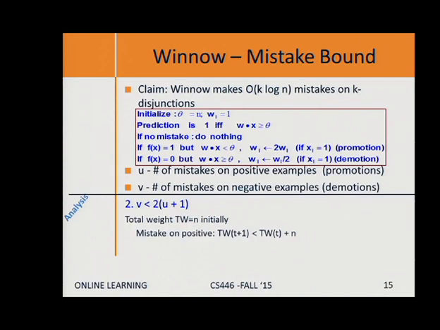It's a positive example, but I made a mistake. What does it mean that I made a mistake? I thought it's negative, which means the dot product is less than n. So when I double it, I'm not gaining more than n. Basically, what I'm saying here is that on a mistake on a positive example, the total weight cannot increase by more than n, because I thought it's negative.